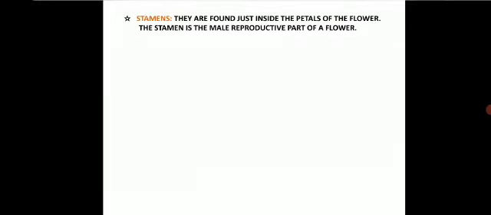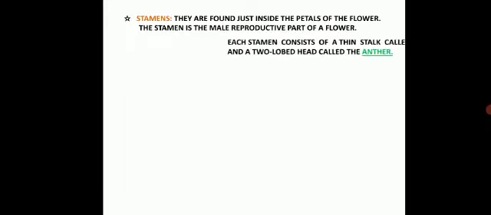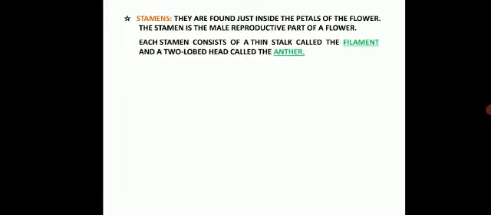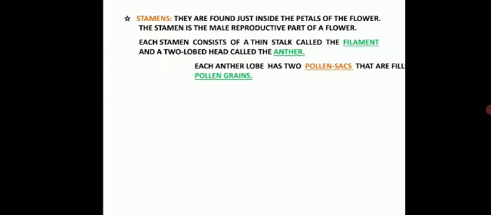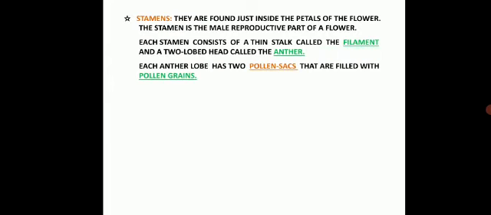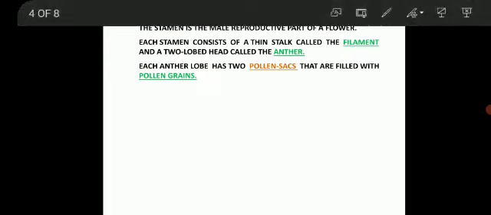Each stamen consists of a thin stalk called filament and a two-lobed head called the anther. That means each anther lobe has two pollen sacs that are filled with pollen grains.